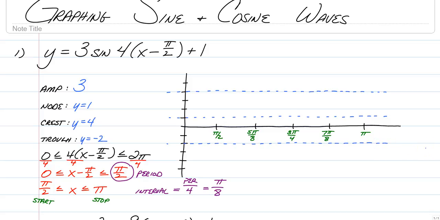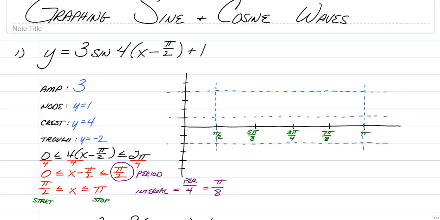Now, two other lines you can do is a vertical line at your start and stop. So we are going to start at pi over 2, and we are going to stop at pi. Now that's just laying all of the groundwork for actually sketching out the graph. So the last thing we have to do is graph what we would know as a positive sine.